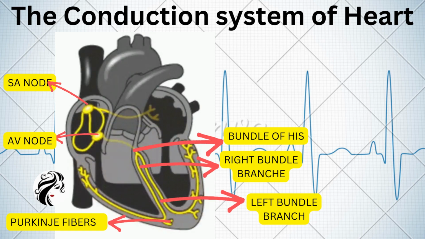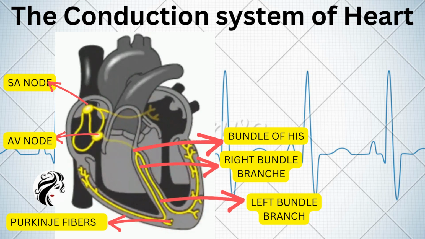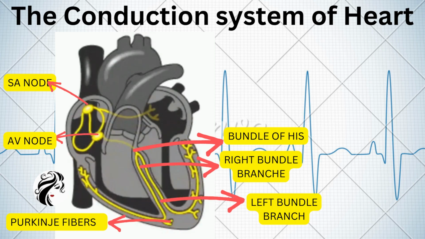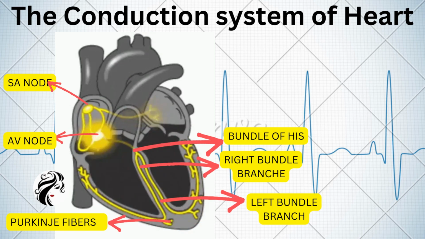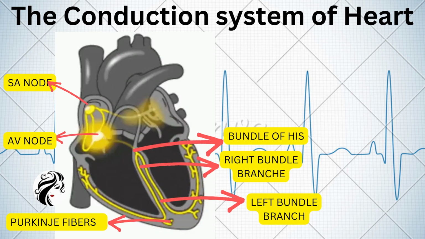Then it passes through the right and left bundle branches, then to the Purkinje fibers. The Purkinje fibers make the ventricle contract. The atria contract, then the ventricle contracts.